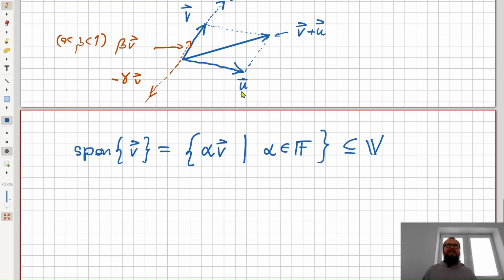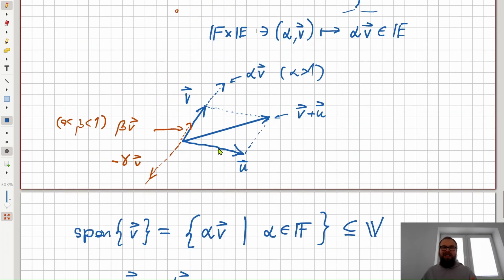So let's say we take U. U is such that there is no such number alpha that U would be equal to alpha V. If such a number doesn't exist, then it cannot be in the span. And we can see optically that it's not, because the span is this line, parallel to the vector. U is not in there. It's a different direction.